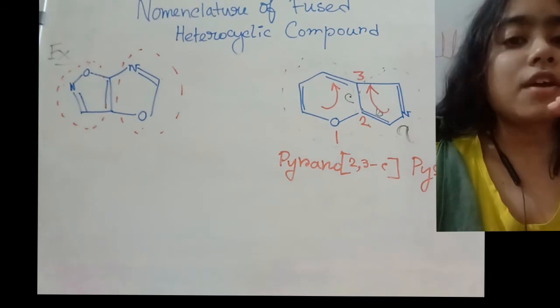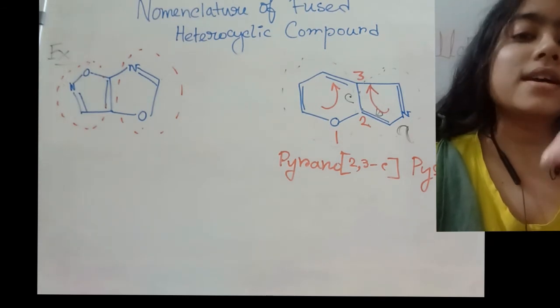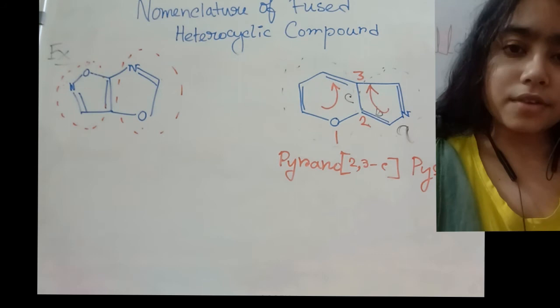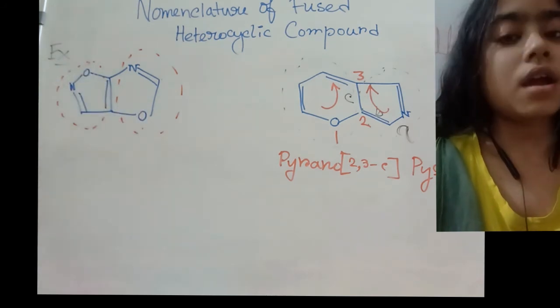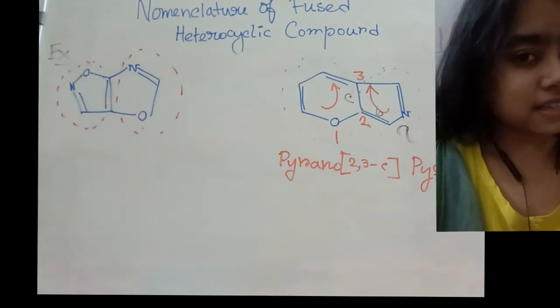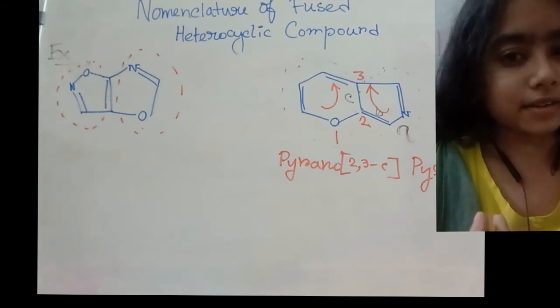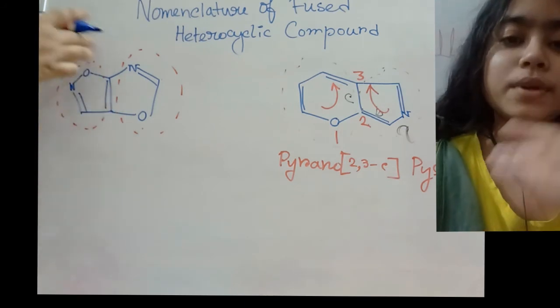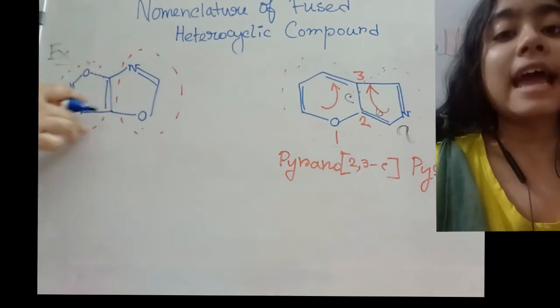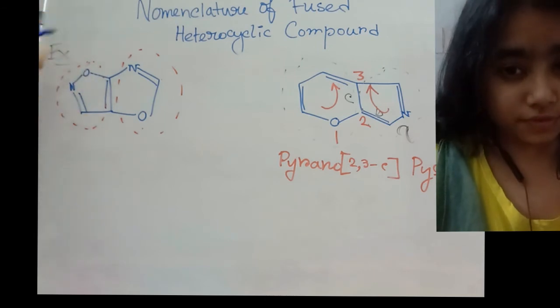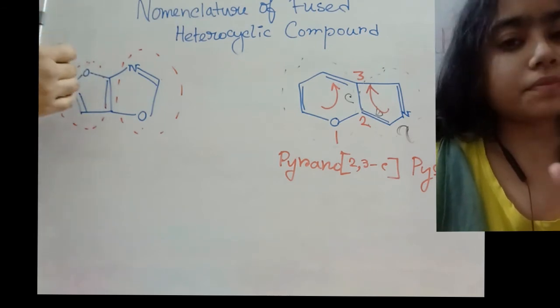Now we have to start numbering according to the priority. As this one is the base component, for the base component we will do lettering. How will lettering be done?